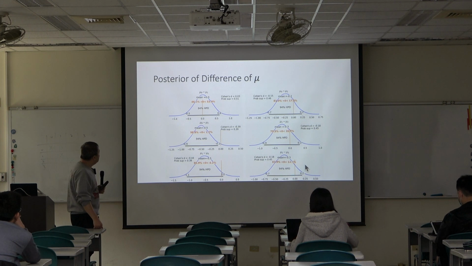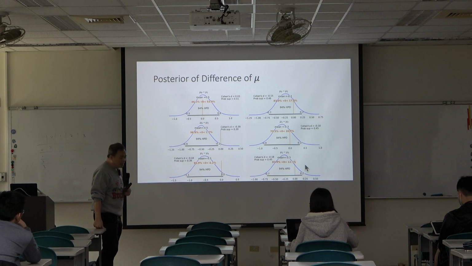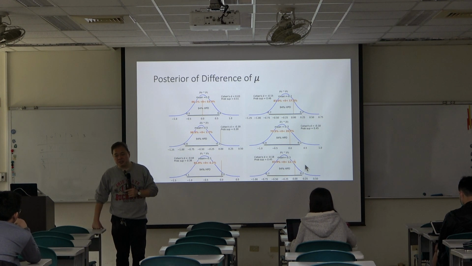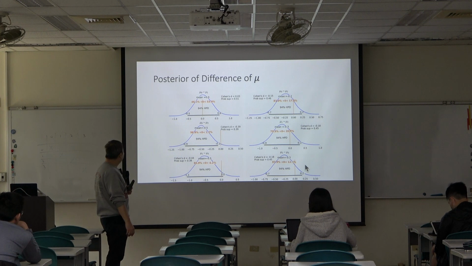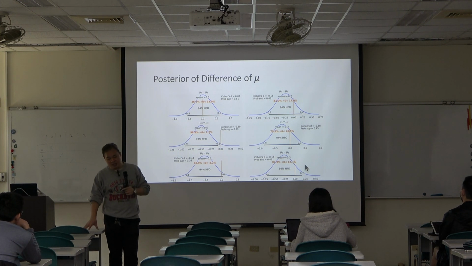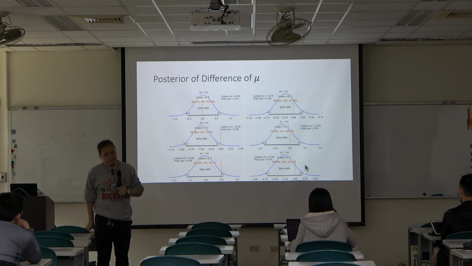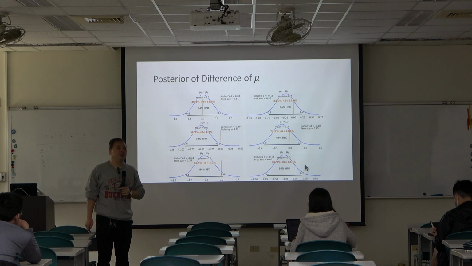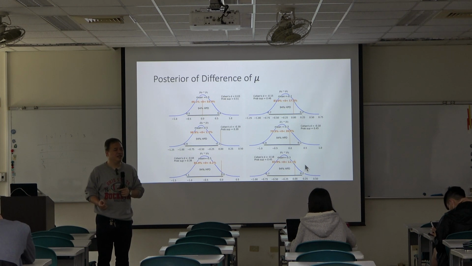So we are able to output the difference of the mean in terms of posterior distribution. And then in here we also mark the reference value, which is 0, because when we subtract one mean from another, if the difference is 0, that means they are similar.